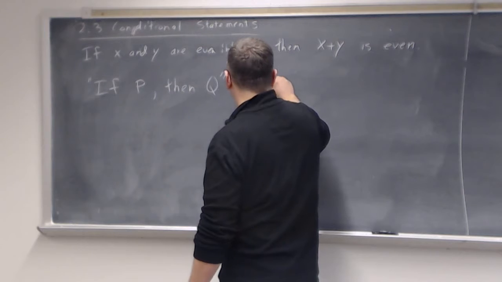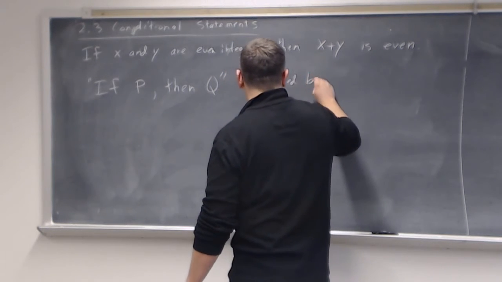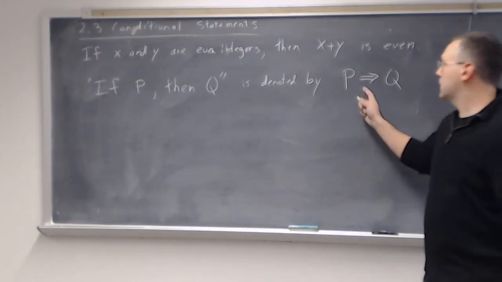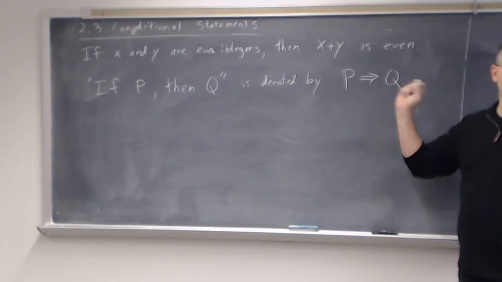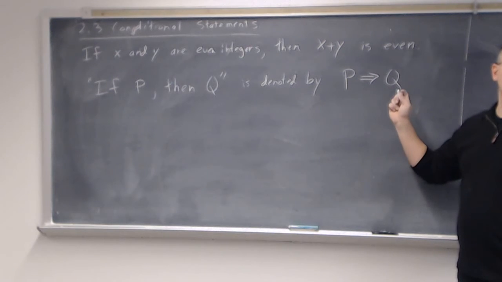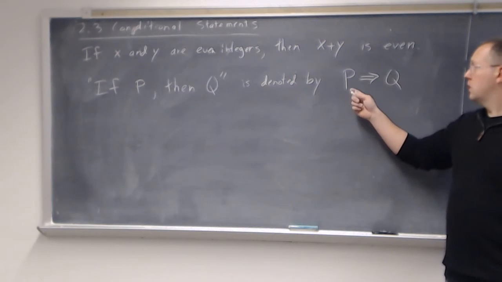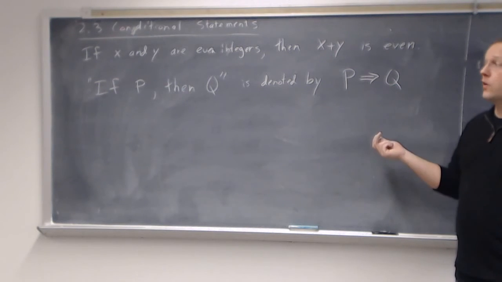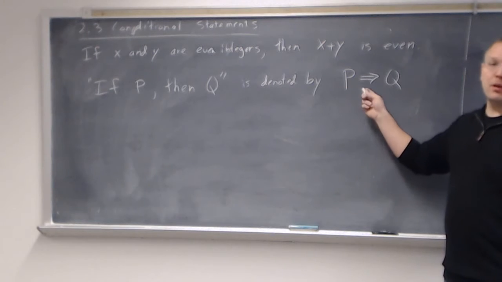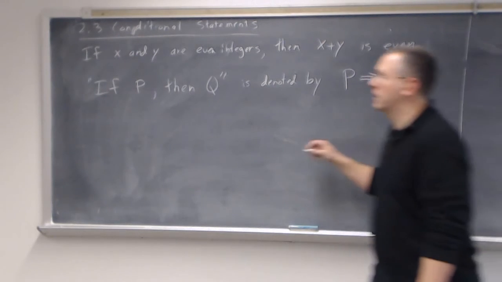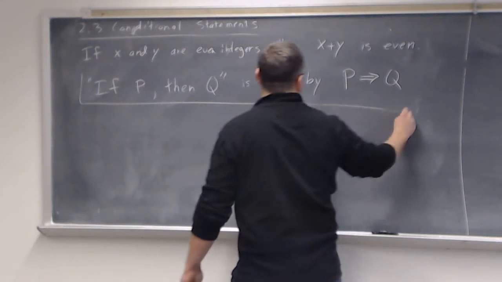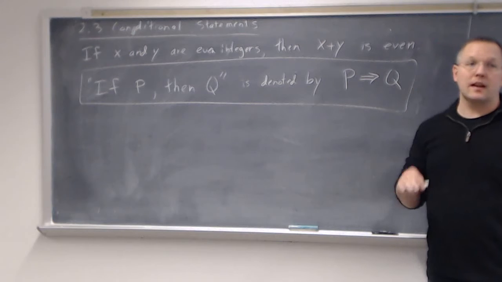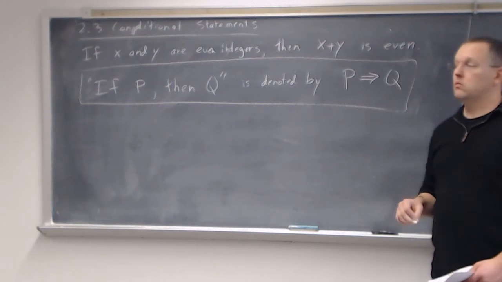It's denoted by an arrow pointing from P to Q. When you see this symbol, one way to read it is if P then Q. Another way to read this is P implies Q. Those two sentences mean the same thing. If P then Q is the same as saying P implies Q.